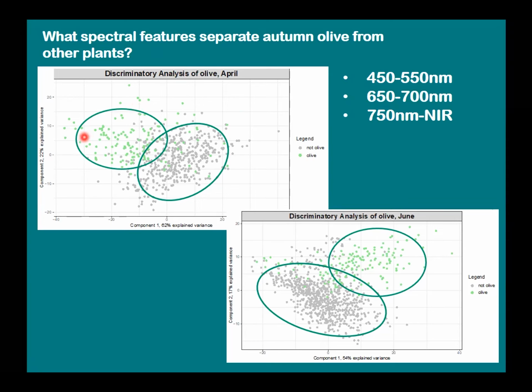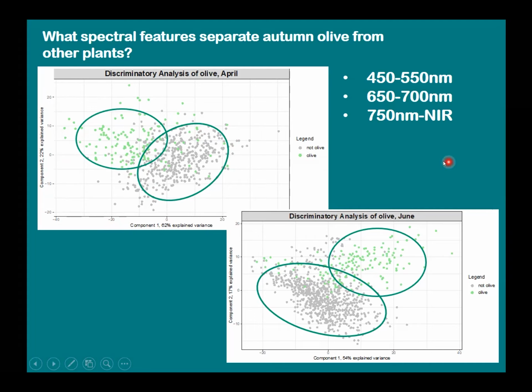So this is the multivariate space, component 1 and component 2 of the multivariate analysis. And the green pixels are all data from autumn olive, and the gray pixels are all data from anything that's not autumn olive. And you can see the spectral signatures.